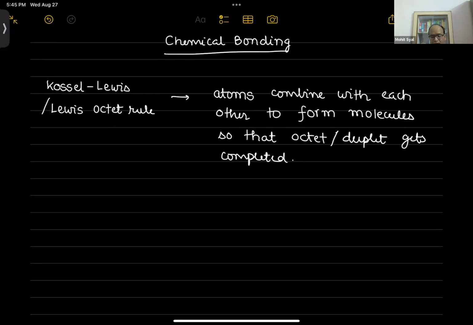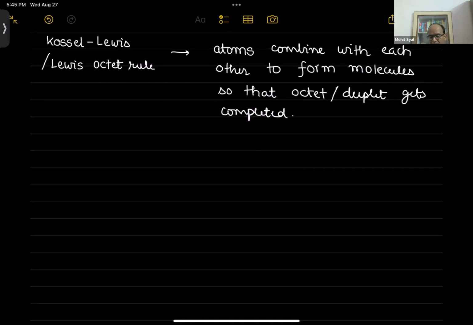Is it clear? So it can be attained in two different ways. One is through sharing.